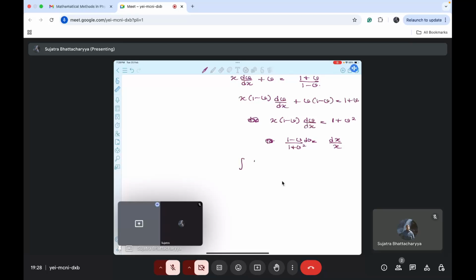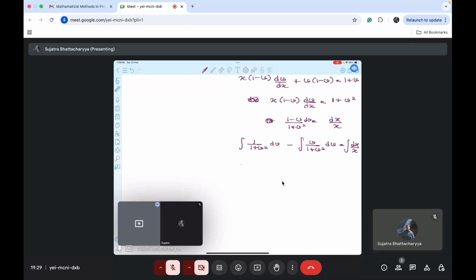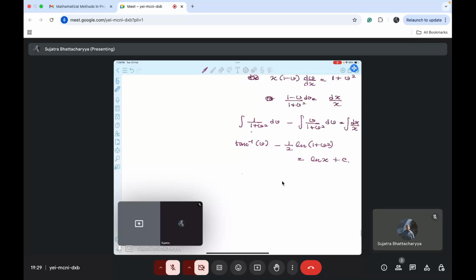So it will be 1 upon 1 plus v square dv. This is nothing but some integration. You have to just solve it, dv, and this is dx by x. So this gives you tan inverse v, which is a known form of integral. This becomes half log of 1 plus v square, and on the right hand side you have log x plus c.